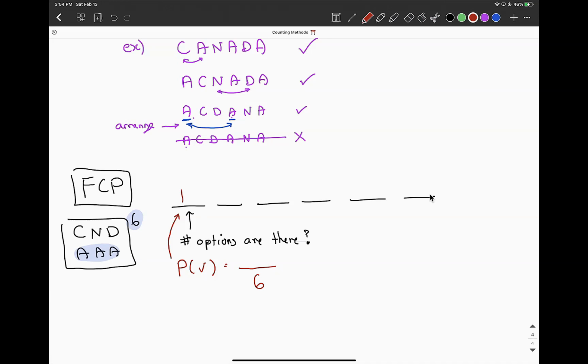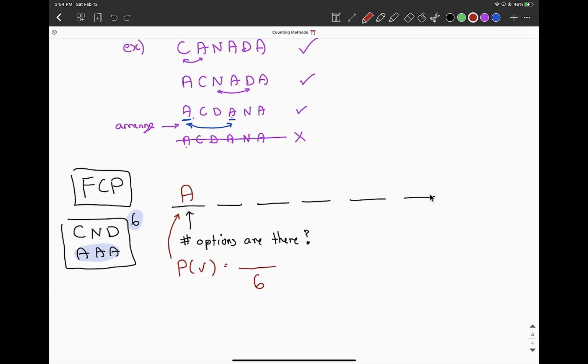Now, if it was an A, you would have a 3 in 6 chance of guessing it right. But it would still be out of 6 because there's 6 outcomes. If it was a consonant, perhaps you'd have a 1 in 6 chance because these would heavily weight the things that are allowed to pick. They have a large ratio of the sample space.